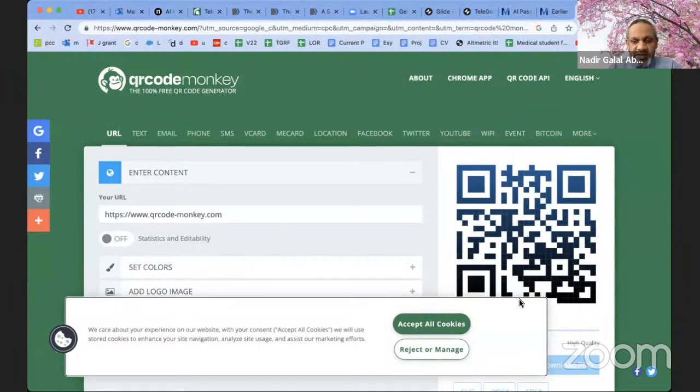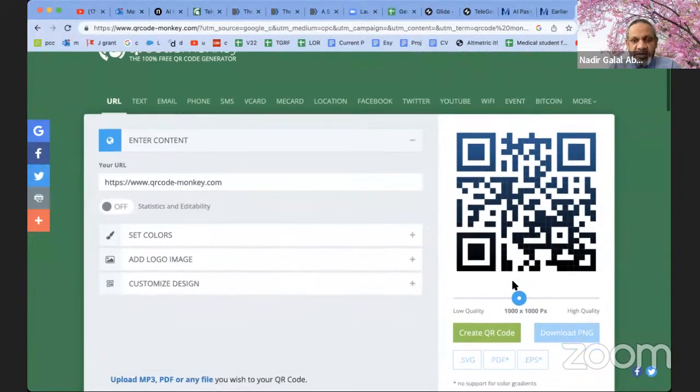Let me see if we can do that here. Let me share the screen with you guys. So here's how you do the code. For example, you want to add a URL or your email or your contact information, or maybe some text. You can add the information here, or however you want to add the content.